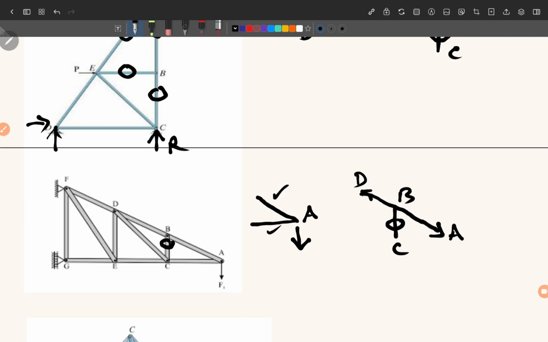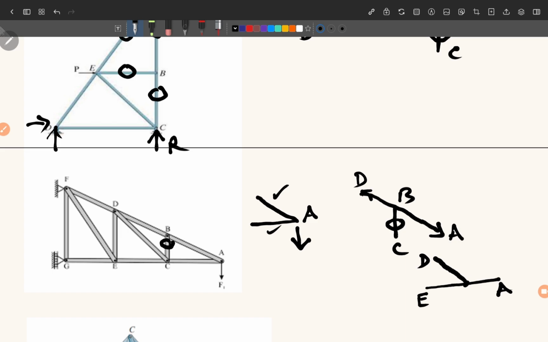Now we come to joint C, and at joint C you can easily see these forces here. This is C, this is A, this is E, and then we have this CD because CB is 0.